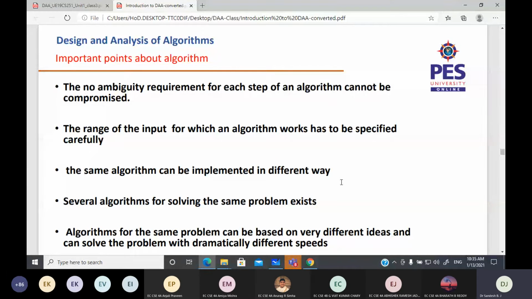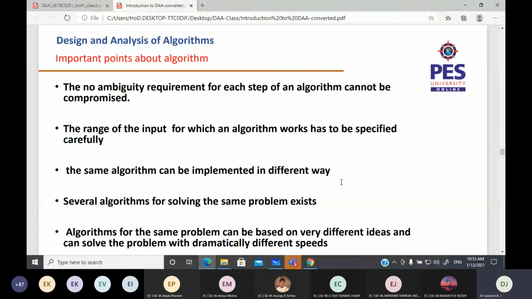The algorithm for the same problem can be based on very different ideas and can solve the problem with dramatically different speeds. So given a problem, you need to find the algorithm which is the efficient one.